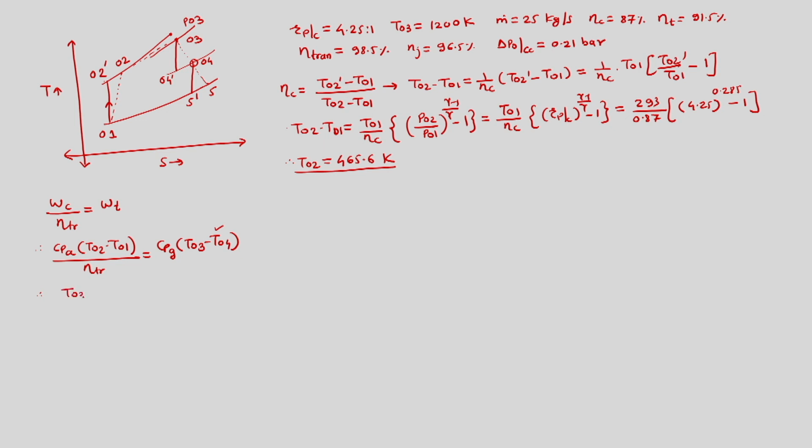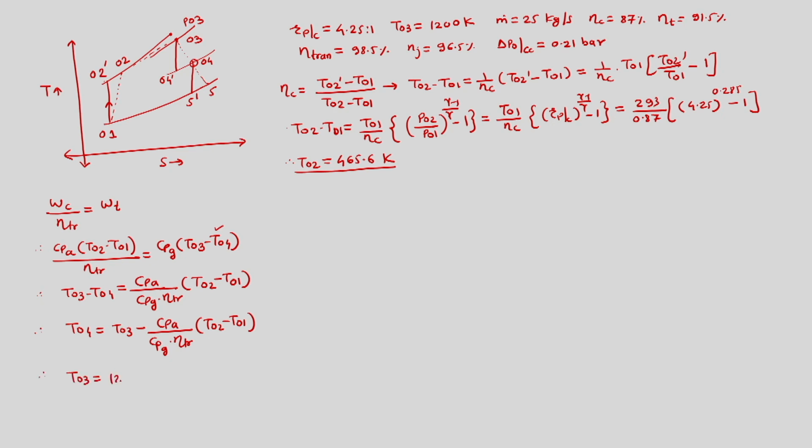So first T03 minus T04 is equal to Cp air divided by Cp gas into transmission efficiency into T02 minus T01. So we have T04 is equal to T03 minus Cp air divided by Cp gas into transmission efficiency into T02 minus T01.